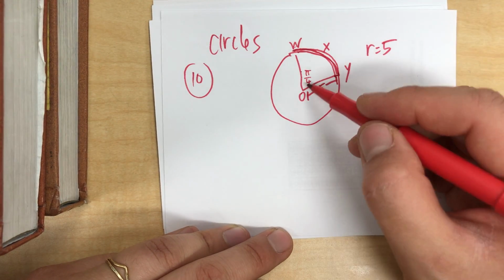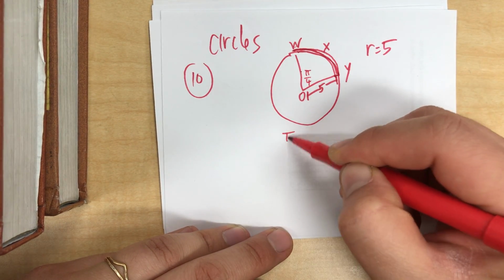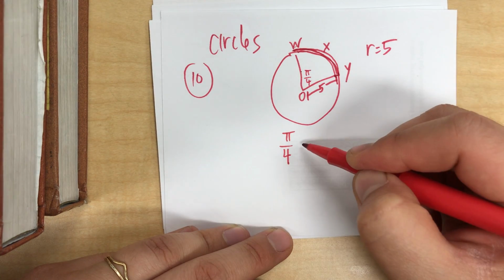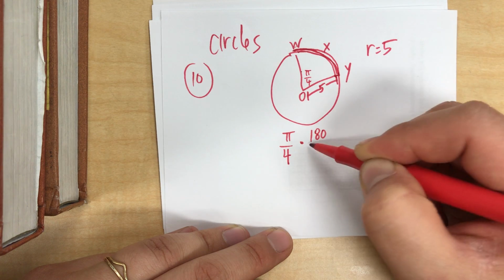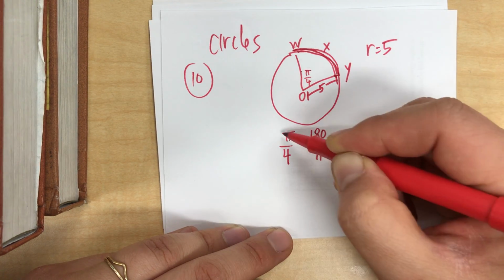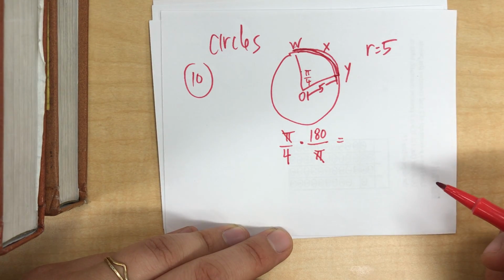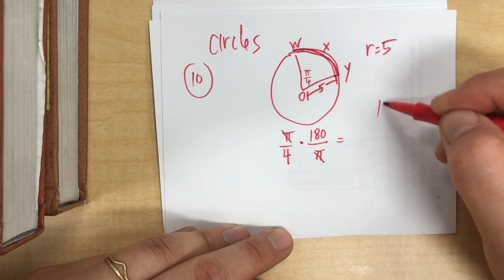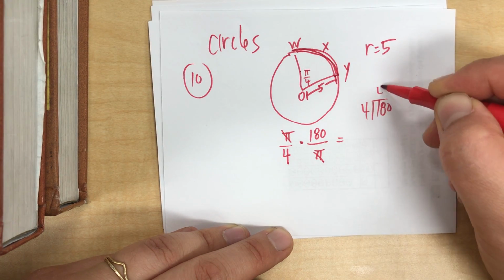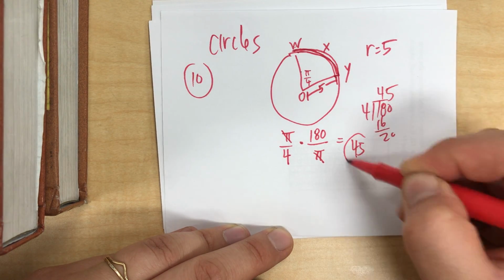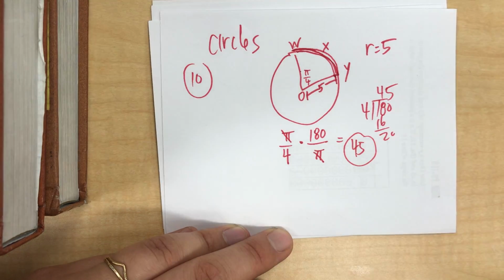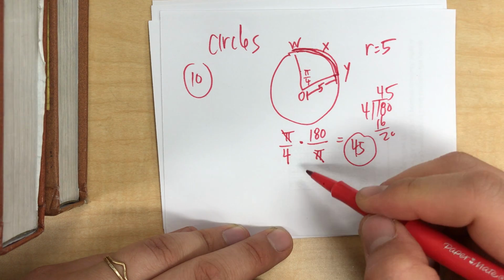First, if you were to take the degrees, pi over 4, this is in radians. If I want to convert that into degrees, I put 180 over here and pi down over here. So 180 divided by 4 is going to be 45 degrees.